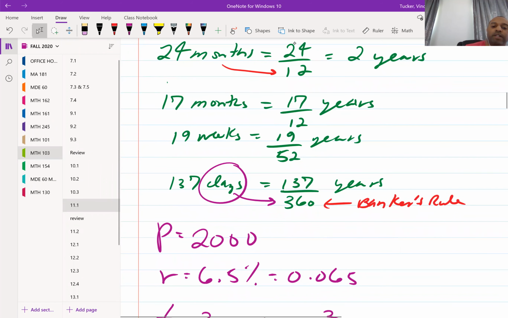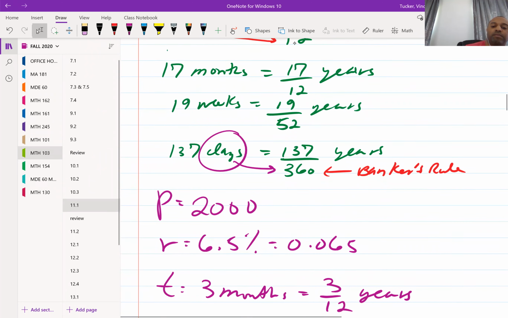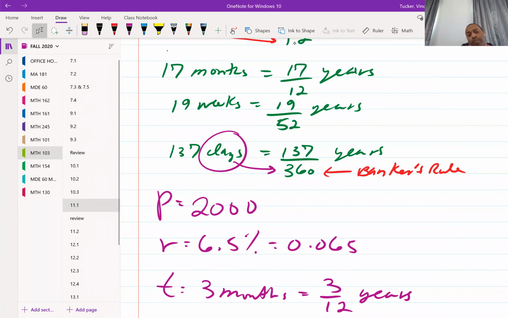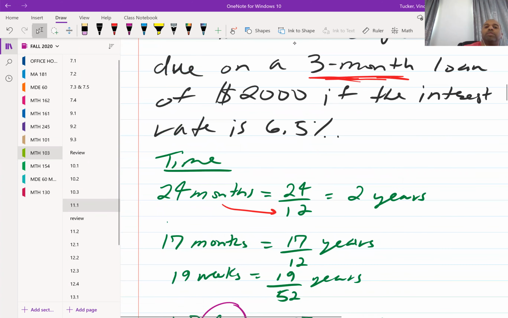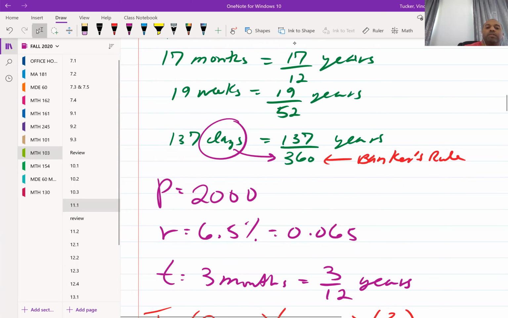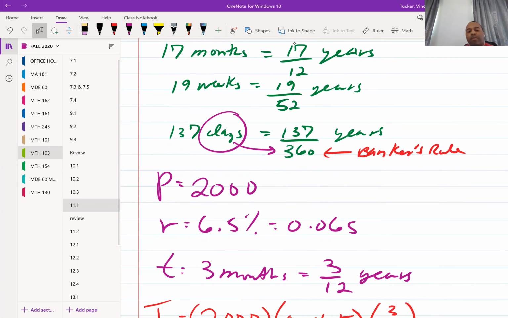So if we write down our givens, P is 2,000. Was it a deposit or a loan? It was a loan, so a $2,000 loan. The rate, 6.5%, is 0.065.